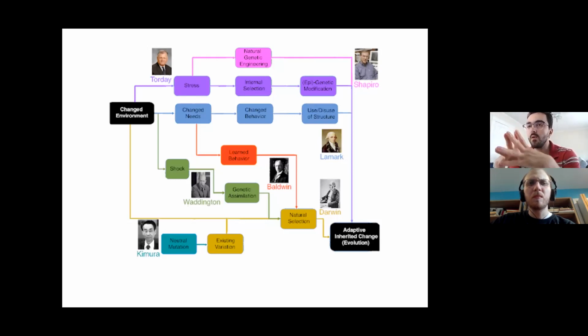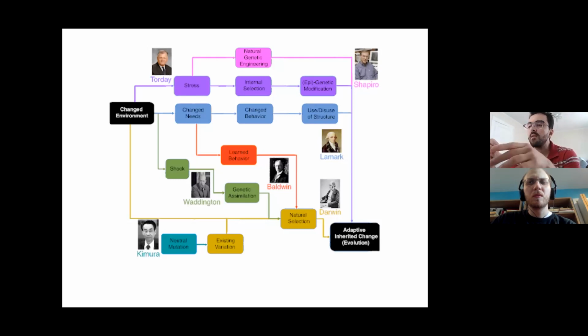We have what's called Kimura's neutral mutation theory, the idea that things drift along without any particular pressure, and that's actually the main driver of speciation.